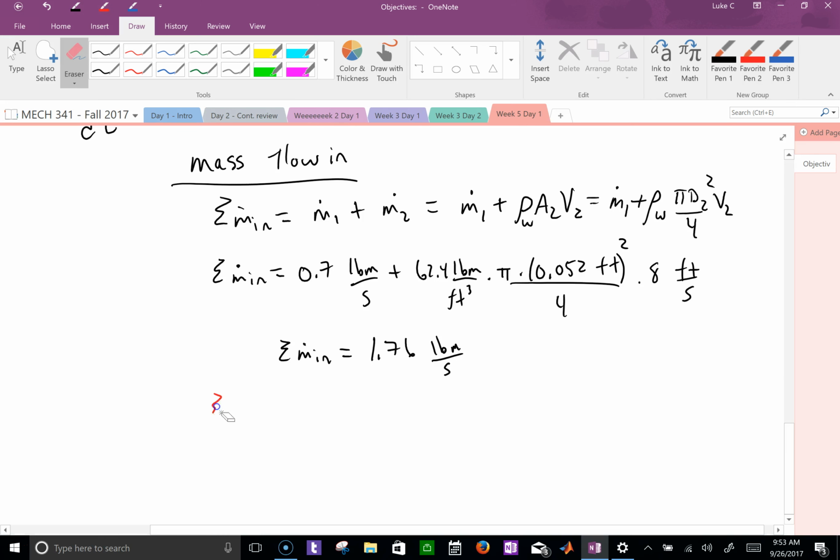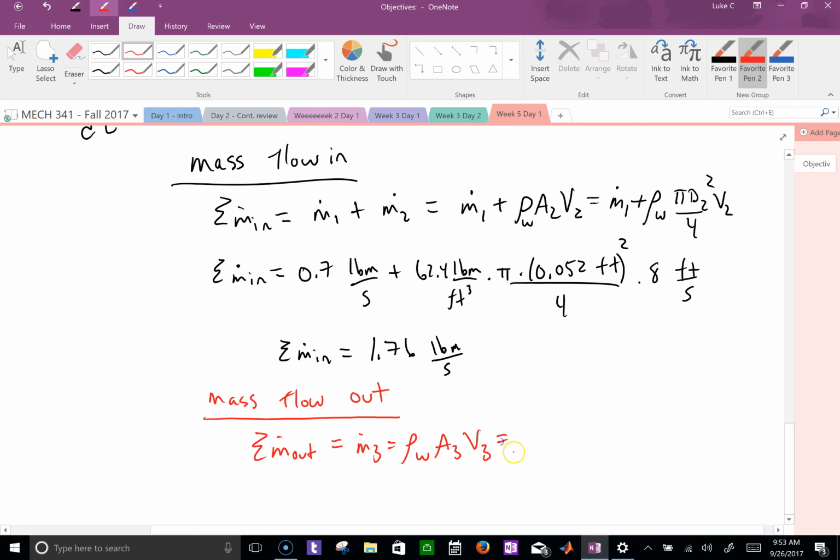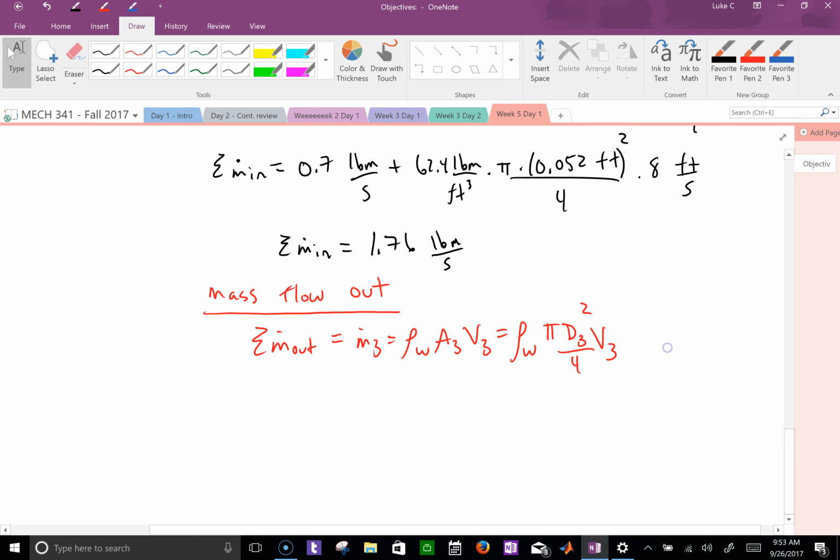And we'll do the same thing for mass flow rate out. M dot 3, which is rho of the water, A3, V3, pi D3 squared over 4 times V3.